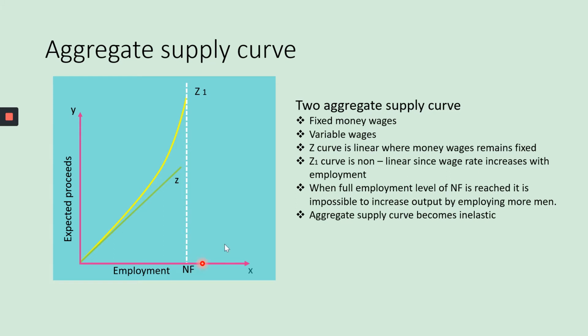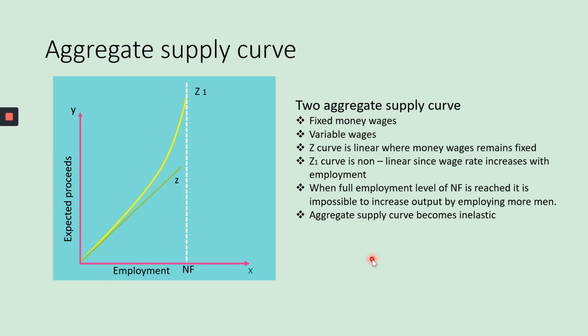When the full employment level NF is reached, it is impossible to increase the output by employing more men. So the aggregate supply curve becomes inelastic beyond NF. You cannot change the output by increasing the number of laborers. So Z1 becomes an inelastic curve, which is a vertical straight line.